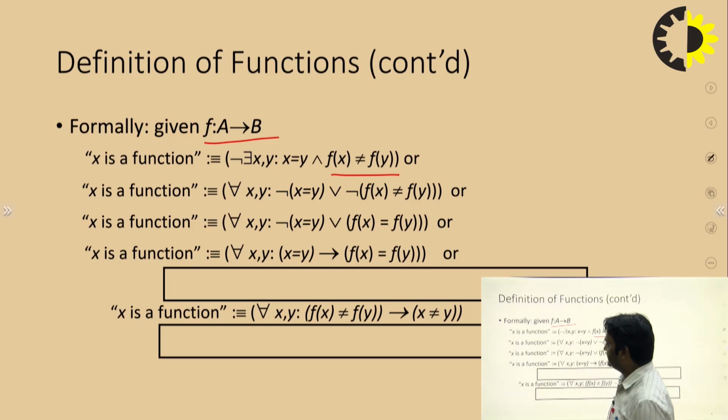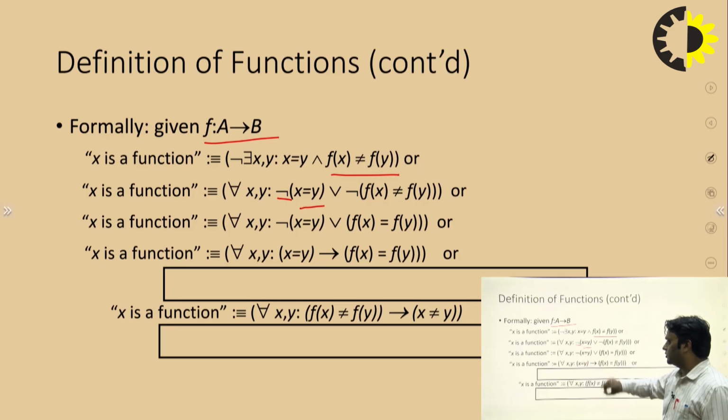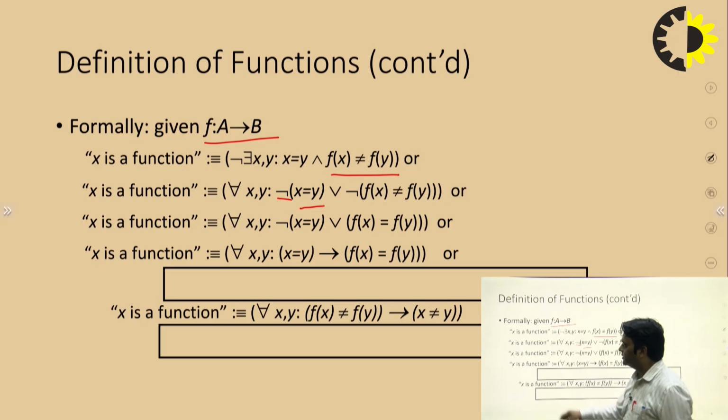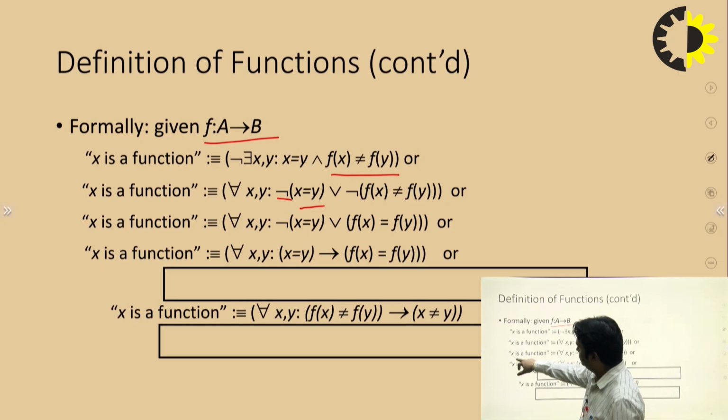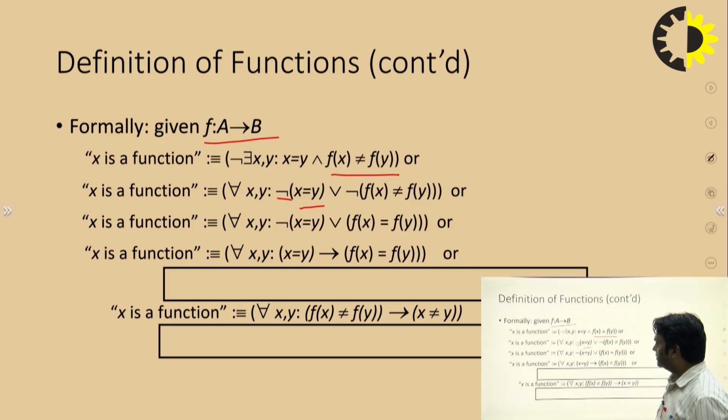Second one, f is a function if for all x, y, negation of x equal to y, or negation of f(x) not equal to f(y). Or another way, f is a function if for all x, y, negation of x equal to y, or f(x) equal to f(y).